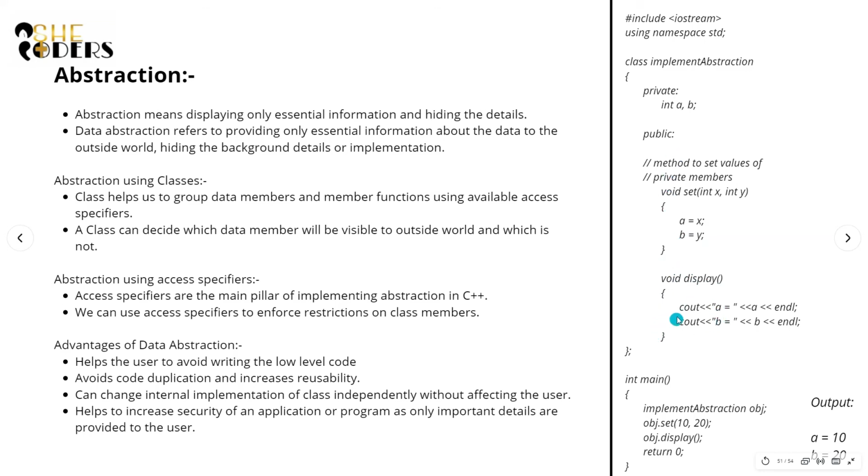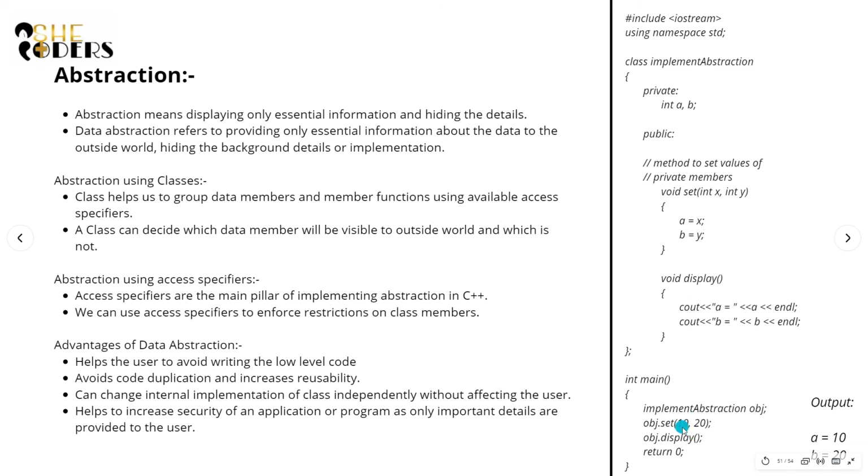Both of these functions are inside the class. Although they are public, they are inside the class, so they have access to the private members, because inside the class definition they can access each other. Outside, I have created the object, which calls the set function and the display function, because both are under the public access specifier.